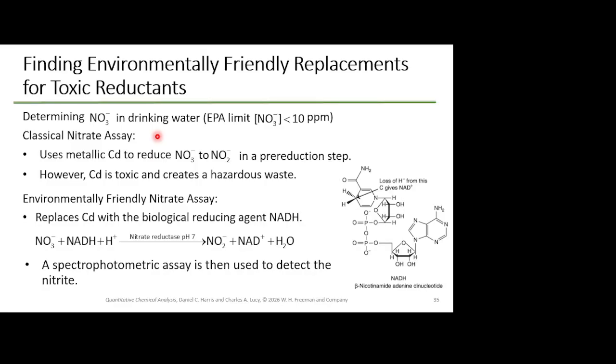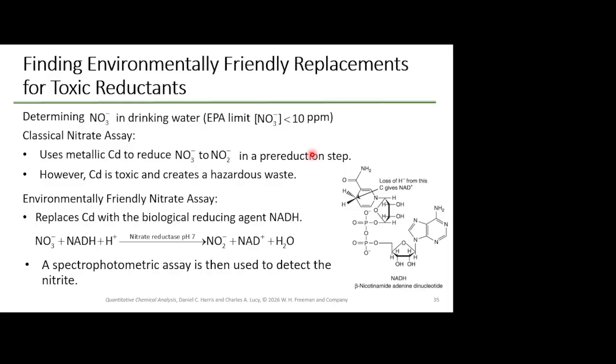So classical nitrate assays use metallic cadmium to reduce the nitrate to NO2 minus. That would be a pre-reduction step, of course. However, the Cd is toxic. It's going to create a hazardous waste, and you'll make quite a bit of it, actually, because you're going to have to pre-reduce your entire solution, right?